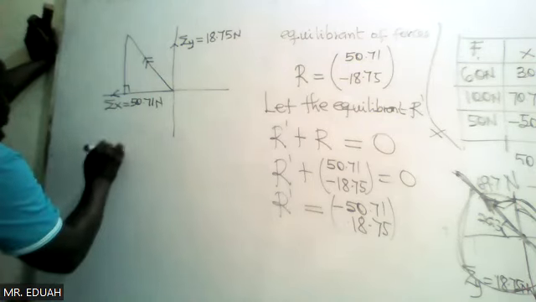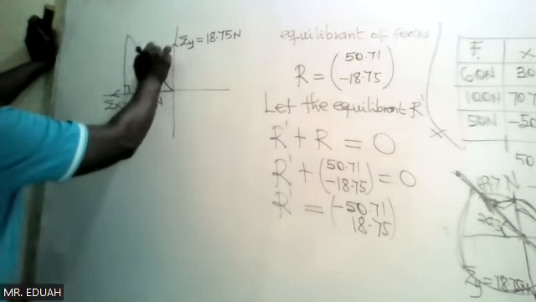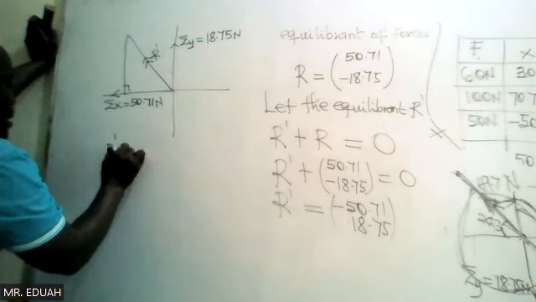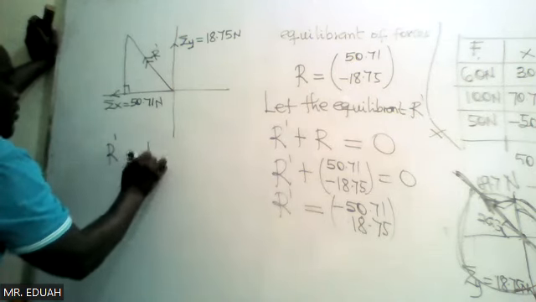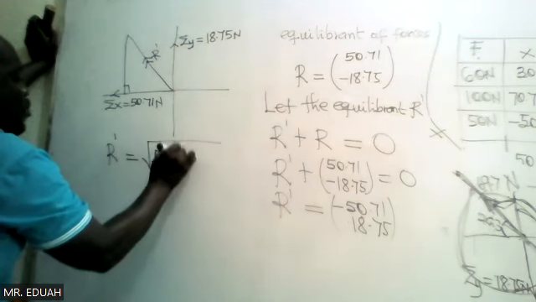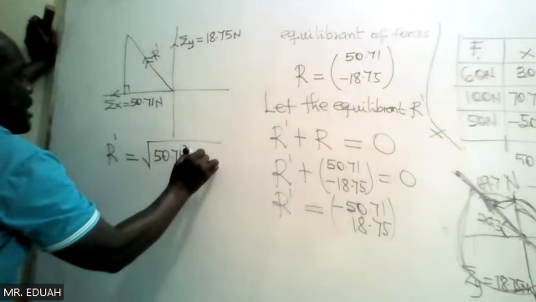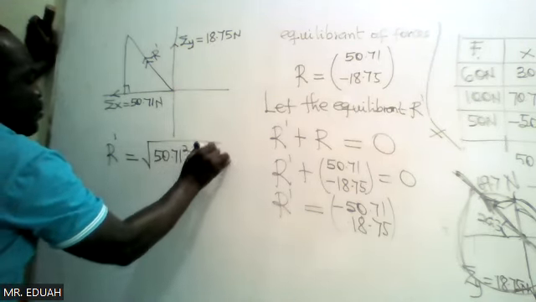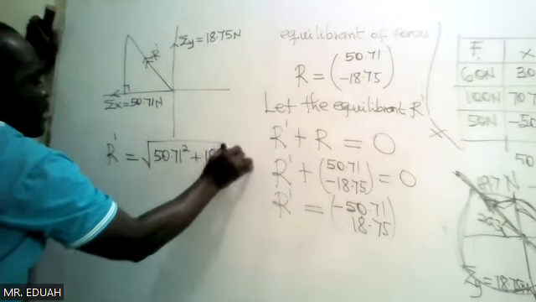So R prime will be equal to the square root of 50.71 squared plus 18.75 squared.